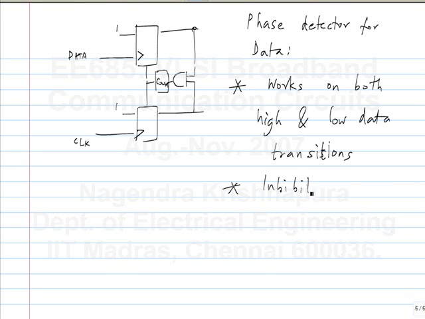And it is inhibited when there are no transitions. Okay? So you have to have this feature.